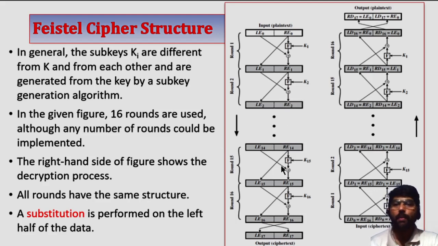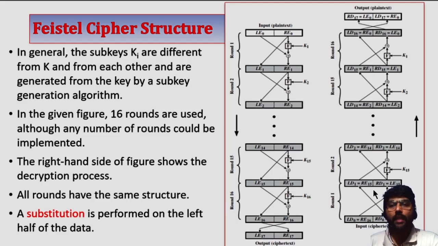But if you use more rounds, it is more secure, and if you use fewer rounds, it is less secure. So in many good algorithms, they use a range from 10 to 16 rounds for each ciphering.